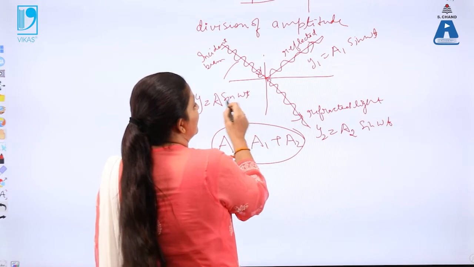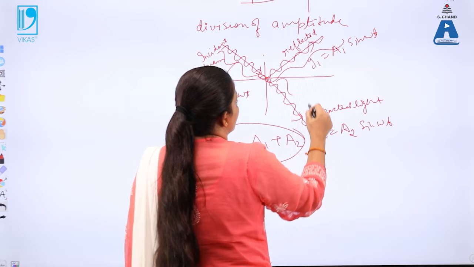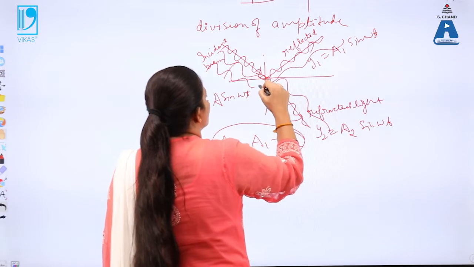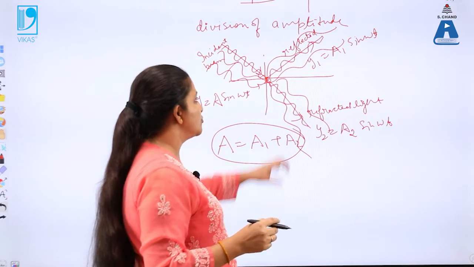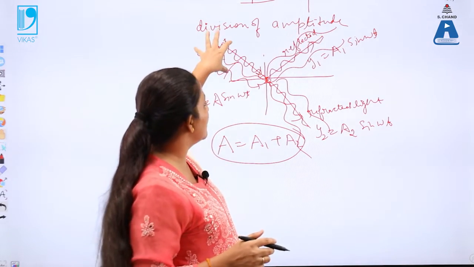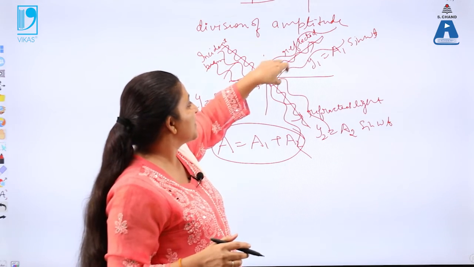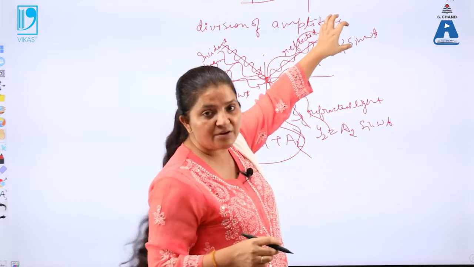Now when there are multiple surfaces, instead of two beams there are multiple reflections and refractions. That is called multiple beam interference. If a single light is reflected or refracted into two beams, that is called two beam interference.